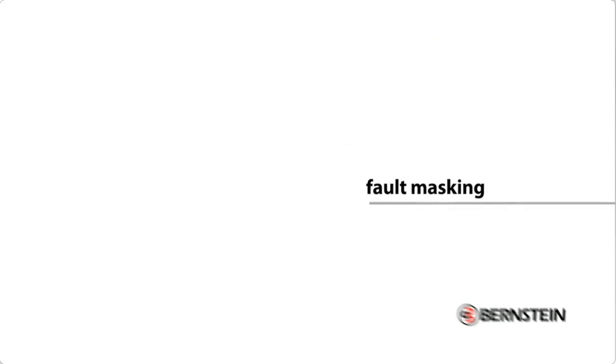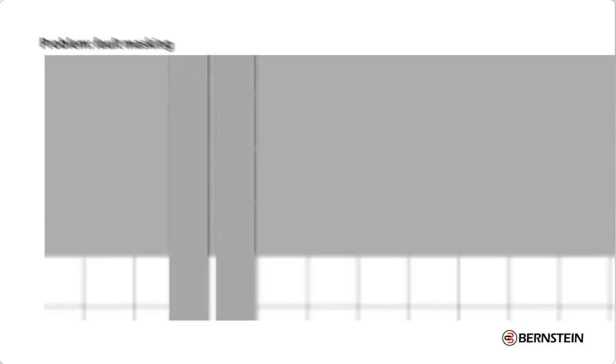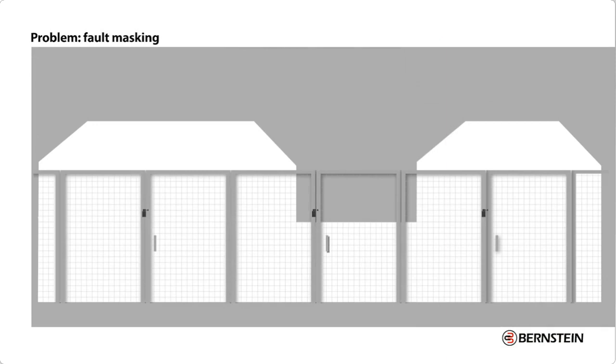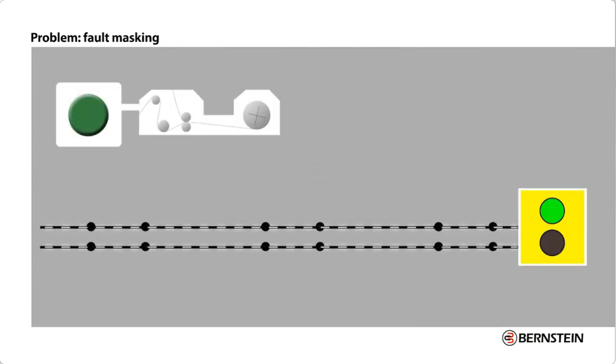In machine safety, fault masking is often an underestimated problem. Safety guards of machines are often protected by electromechanical safety switches. If there are several doors, they are usually connected in series and connected to a safety relay. Series connections of electromechanical contacts create a problem.